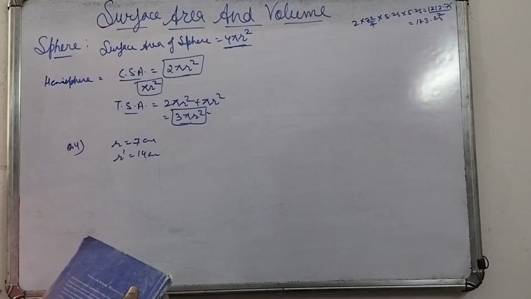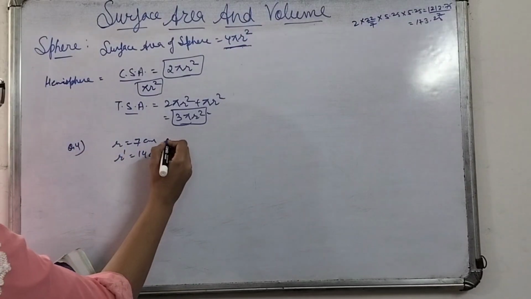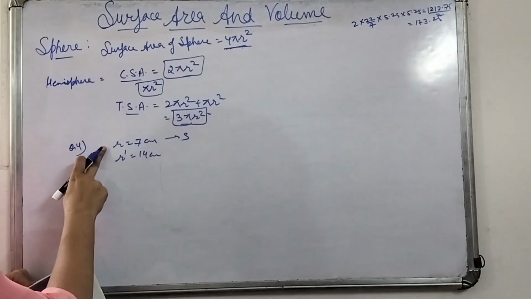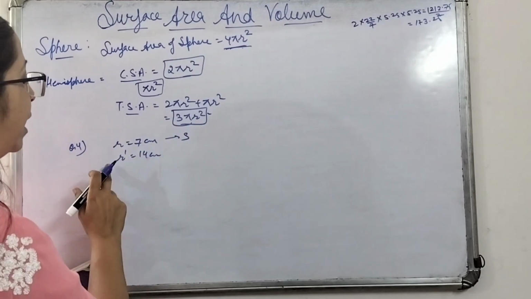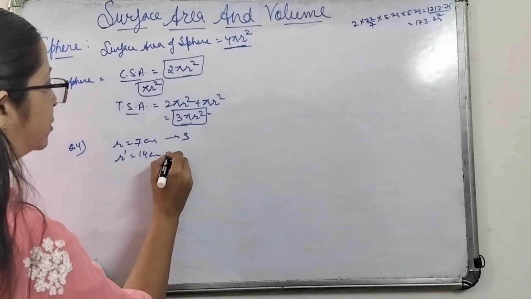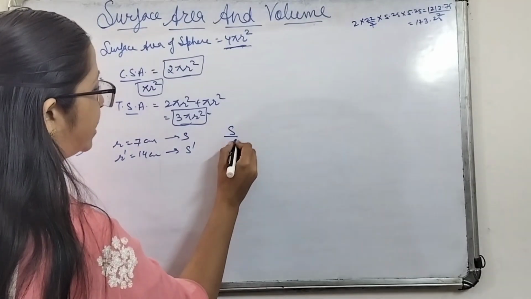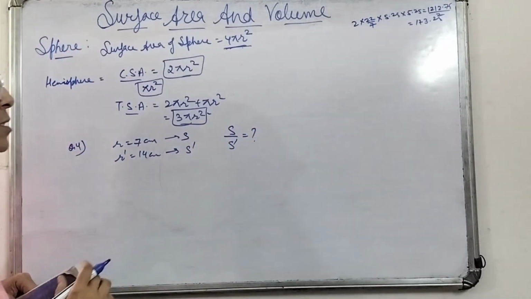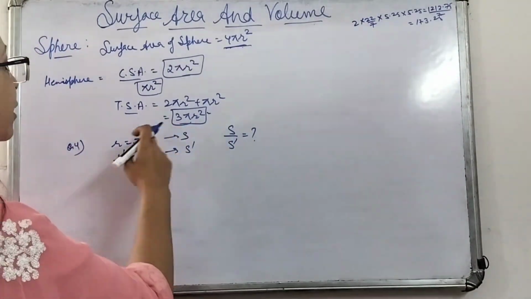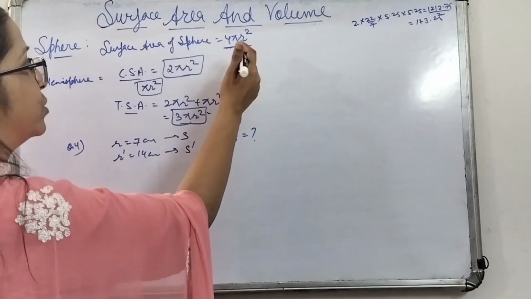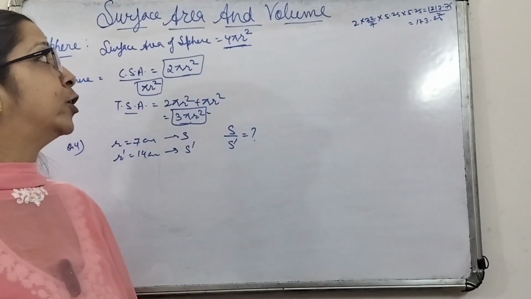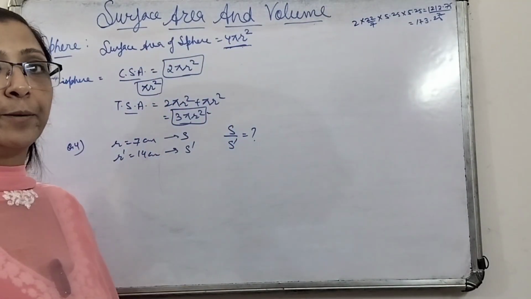So we are assuming that initially the surface area was S. When the radius was R, the surface area was S, and then when the radius was R dash, the surface area was S dash. We have to find the ratio of S and S dash. This is required. So what is the surface area of a sphere? We have just now seen that the surface area of a sphere is 4 pi R square.